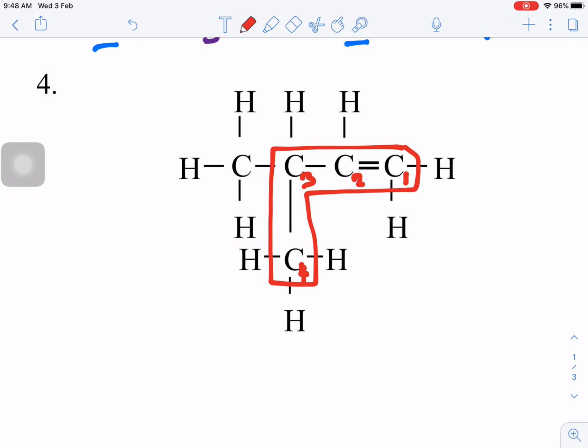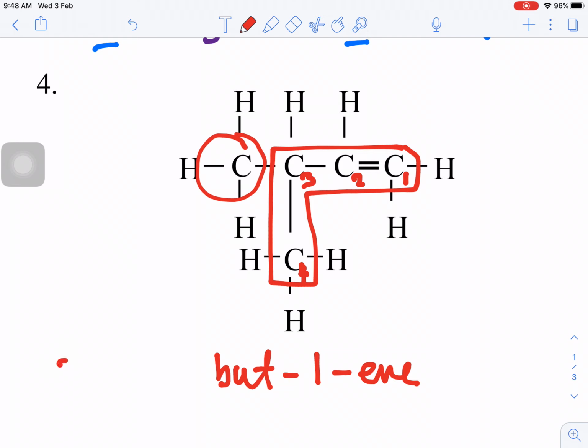We have the carbon-carbon double bond at carbon 1. So the name is but-1-ene. And we have a methyl branch at carbon 3. So the name is 3-methylbut-1-ene.